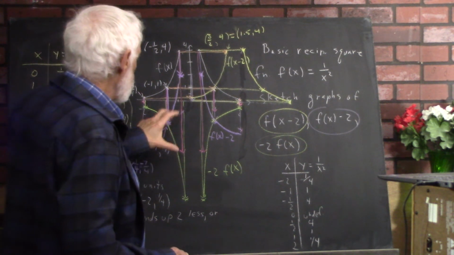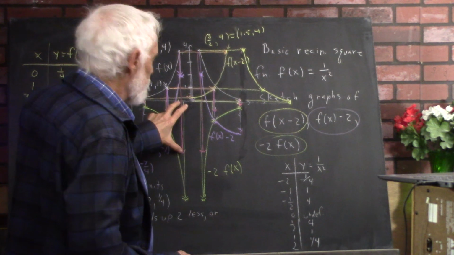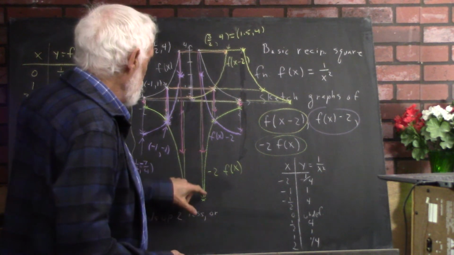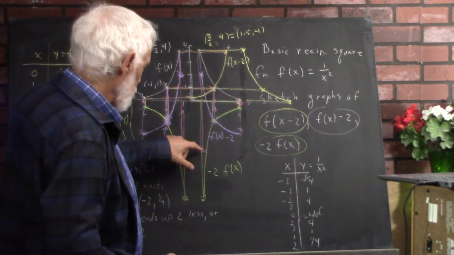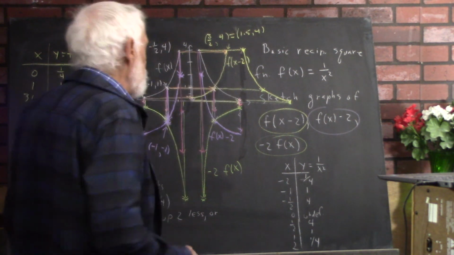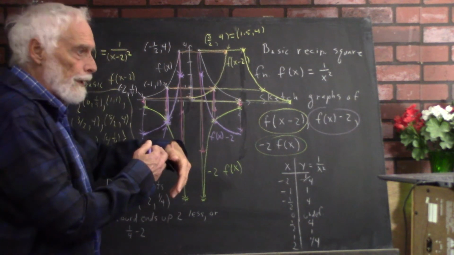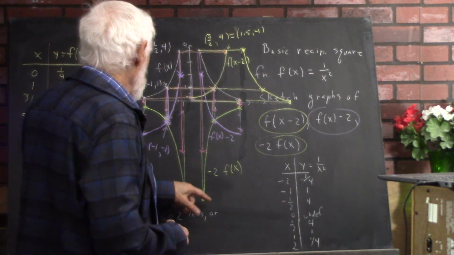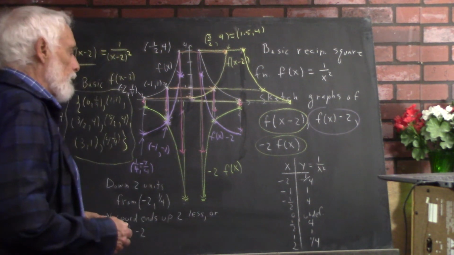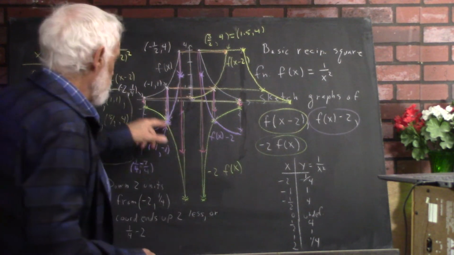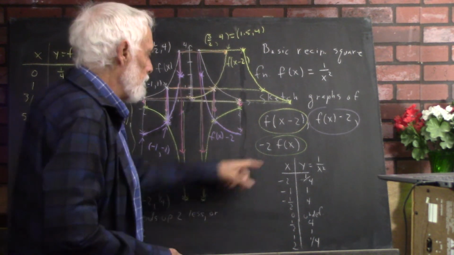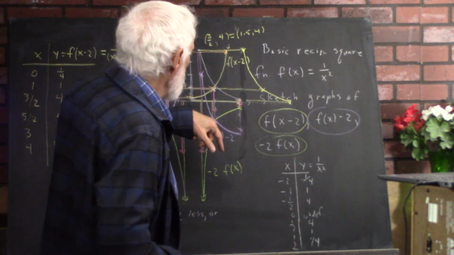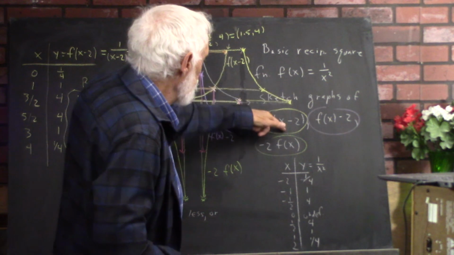Okay, similarly here, we take this distance to the x-axis and we double it, end up down here, and that's our green arrow. Then we did the same thing to this point, and this point. So we reflected about the x-axis and we doubled the length. And we got these points. Then, for this function, we sketched a green curve corresponding to the green circle, just like the yellow circle we did for this function.